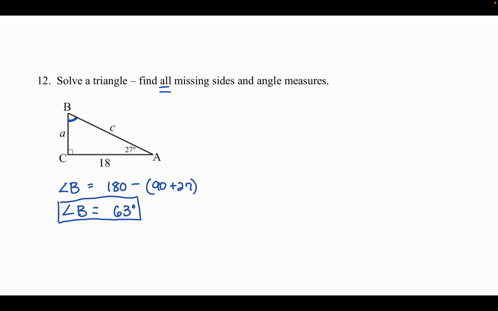So that's the opposite and adjacent, so I'm going to do tangent 27 degrees equals A over 18. That means 18 times tangent of 27 equals A. So 18 times tangent of 27 is about 9.17.